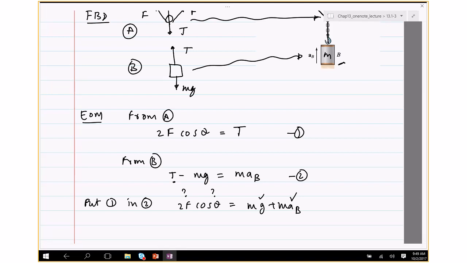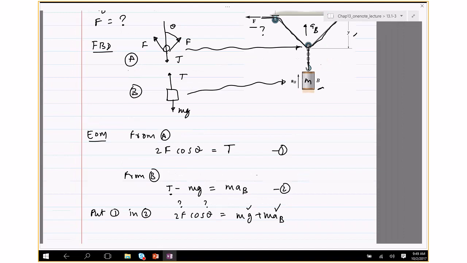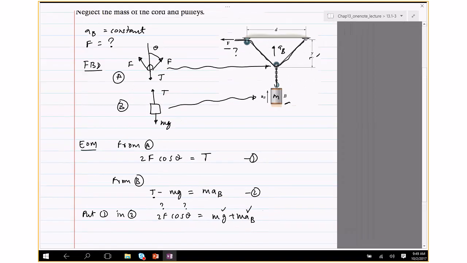So I need to find theta in terms of something I know. I know y, I know d. So let me try to find theta as a function of y and d. This is theta, this is d, this is y. So how are theta, d and y related?